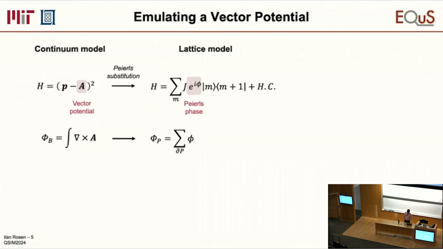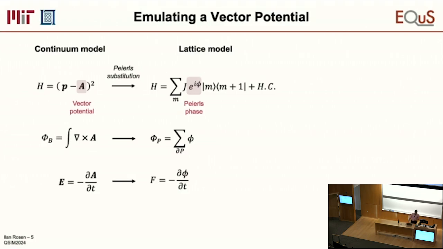So Gauss's law for magnetism should hold: if we take the phases in a loop and sum them up over all these bonds, then the overall sum of the phases corresponds to a magnetic flux threading that loop.